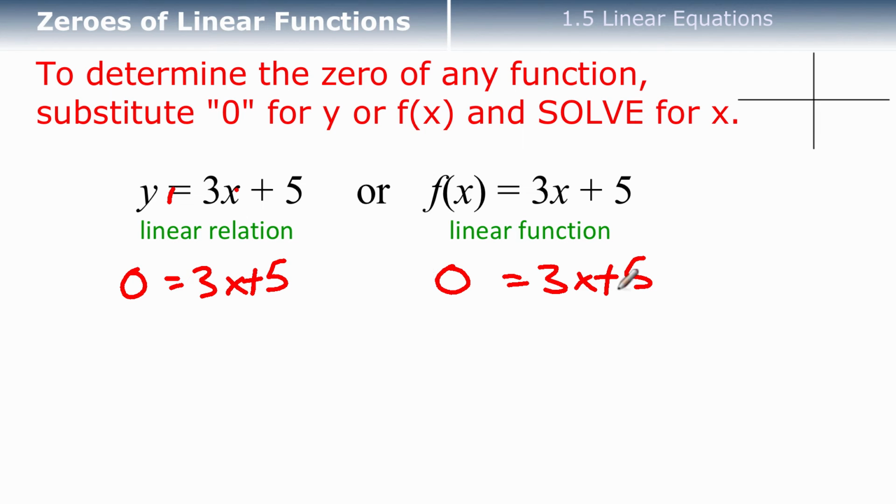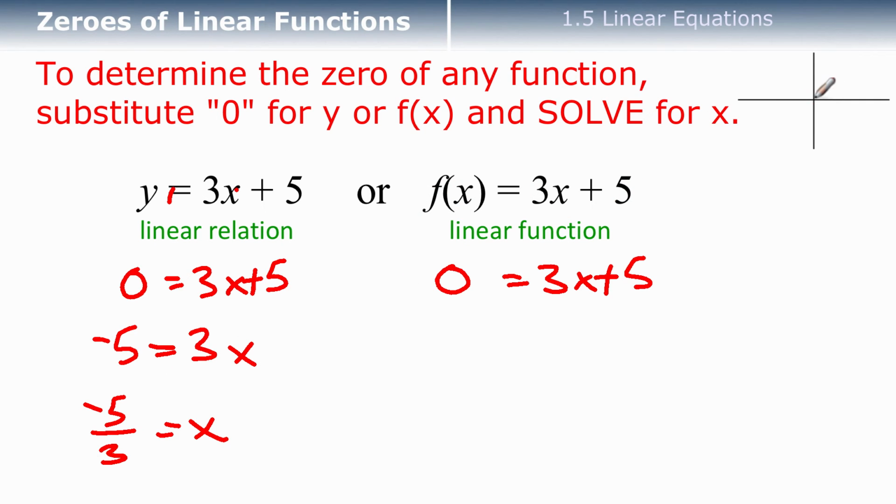And notice that each of these is the same equation, so to solve them, you'll do the same thing. Maybe take the 5 over the other side, make it negative, and then divide both sides by 3. So the 0 of this equation, or the 0 of that function, is equal to negative 5/3.